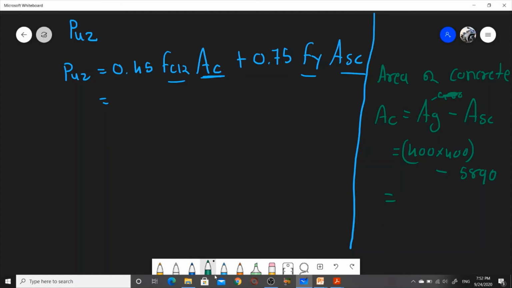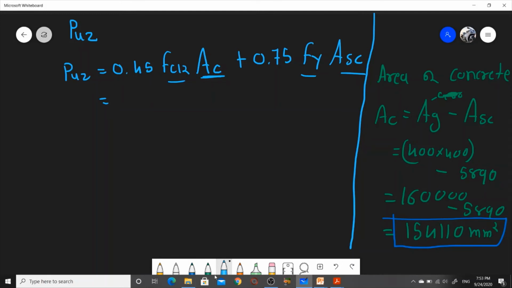So 400 multiplied by 400, 160,000 minus 5890, the value is 154,110 mm square. So this is the value of AC.